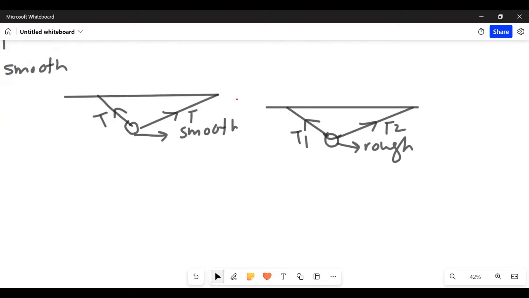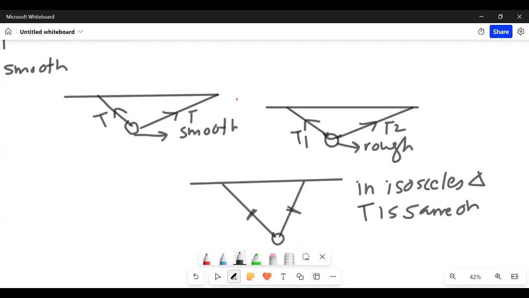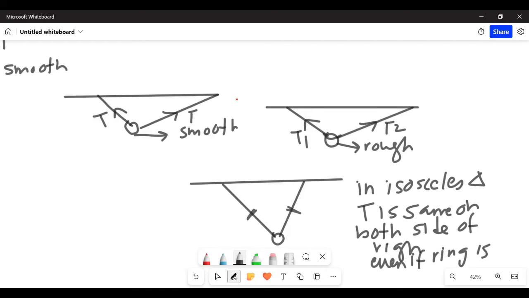In case an isosceles triangle is forming, if this is an isosceles triangle, then in an isosceles triangle the tension is also the same on both sides of the ring, even if the ring is rough.